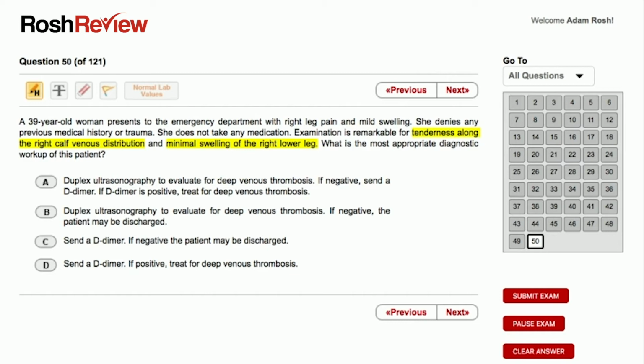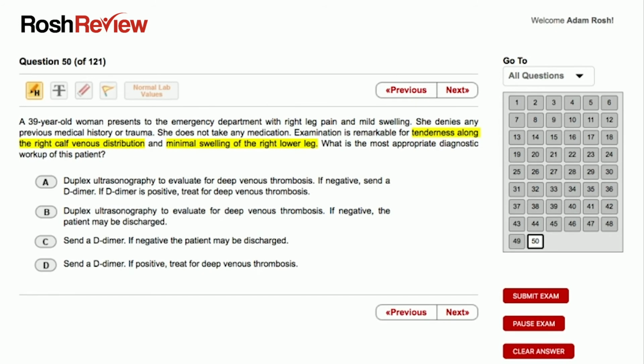Okay. So if we use that as the premise, let's go through our answer choices and see what we could come up with. So answer choice A, duplex ultrasound to evaluate for DVT. And if negative, send a D dimer. If the D dimer is positive, treat for DVT. All right, let's dissect this. So if we have a duplex ultrasound that is negative, that's a really good position to be in to not have a DVT.